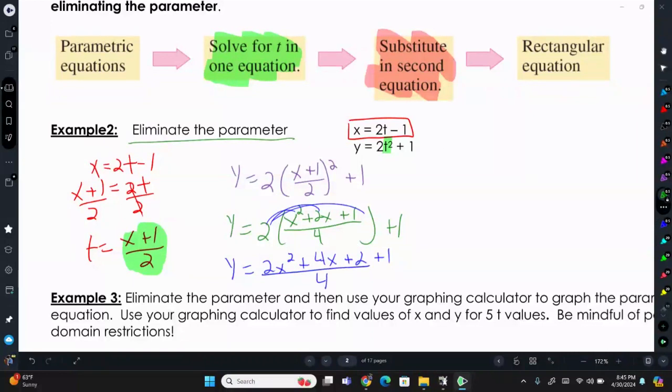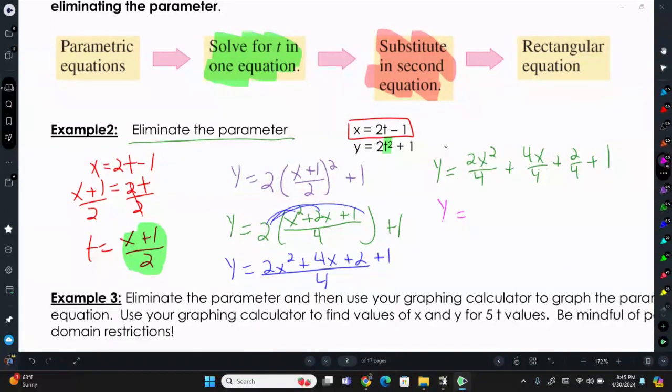So I'm going to split this up into 2x squared over 4 plus 4x over 4 plus 2 over 4 plus 1.